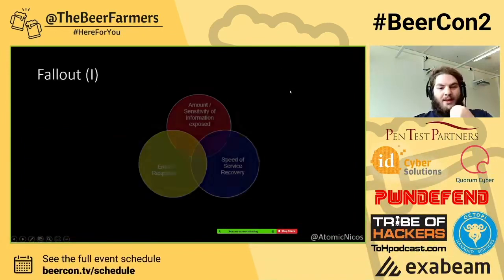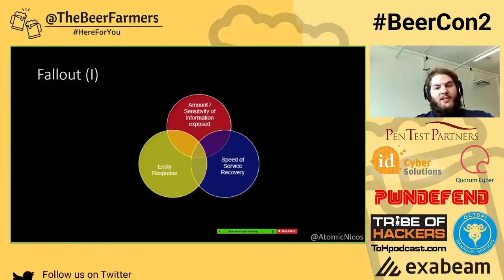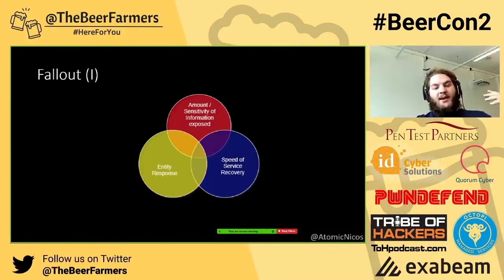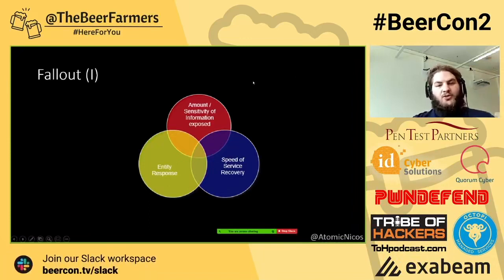Well, fallout can be measured by 3 metrics, kind of. The amount and sensitivity of the information that was exposed, the speed at which the service recovered, and how the entity responded. So that would be the company that produced said application. If the information is very sensitive and the entity responds horribly, it erodes the trust in that service.